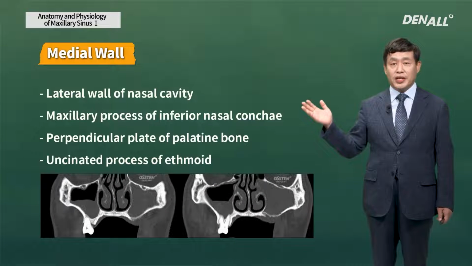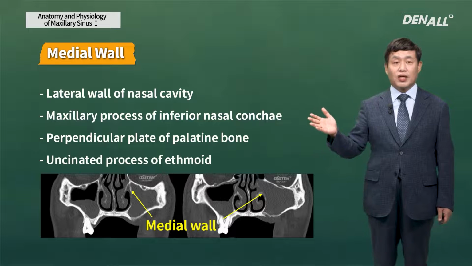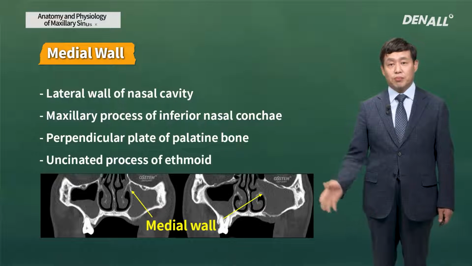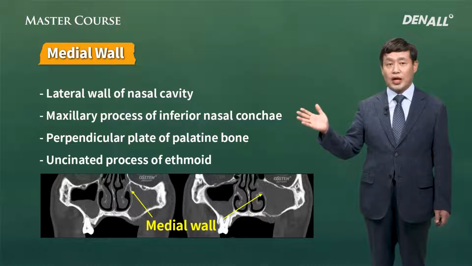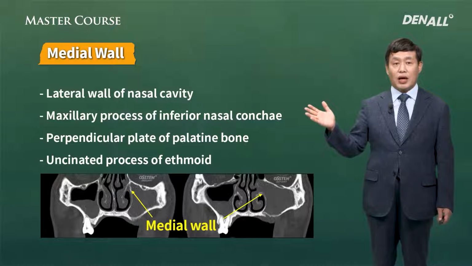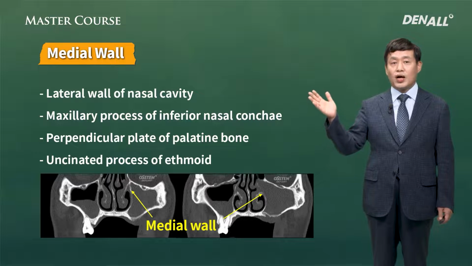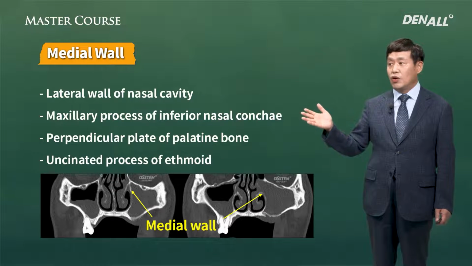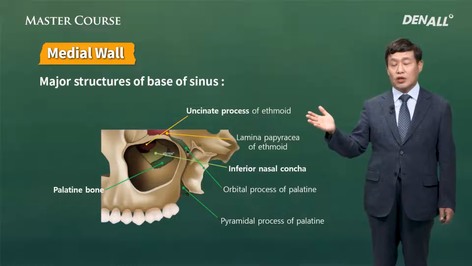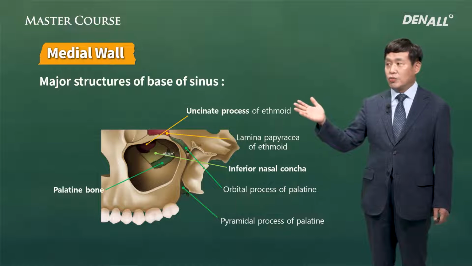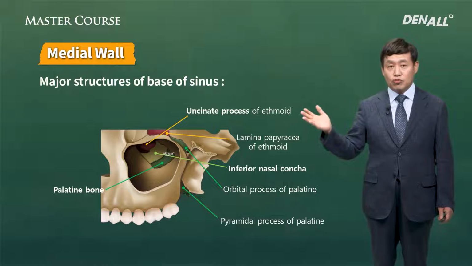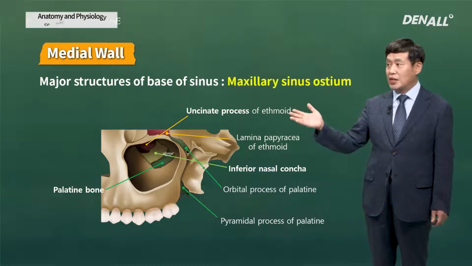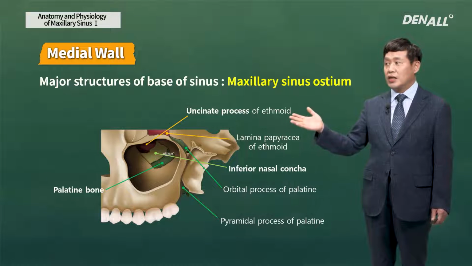Next, the medial wall. It is in the medial side, so that is the lateral wall of the nasal cavity. As I said before, there is the inferior nasal concha, and there is the ethmoid bone. So like this, the base of the sinus, the base of the pyramid, in the medial wall the most important part is the maxillary sinus ostium.